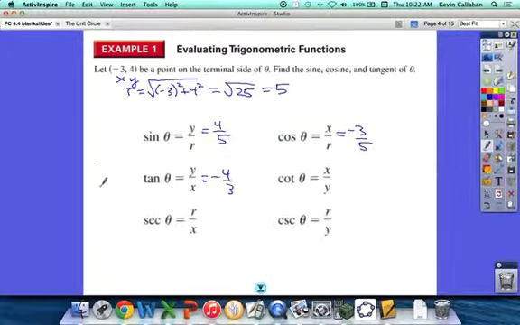Cotangent would be -3 over 4. The secant, r over x, will be 5 over -3, or you could just think of it as a flip of the cosine, so that is -5/3, and the cosecant is 5/4. So first step, you have to find the radius, and then just use that point with these definitions.